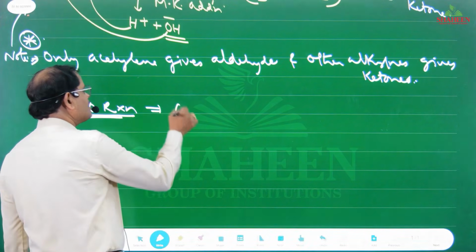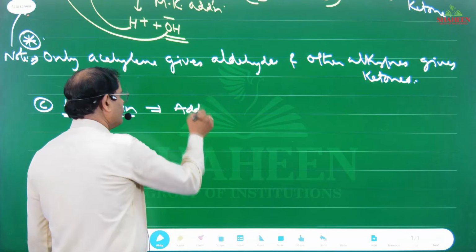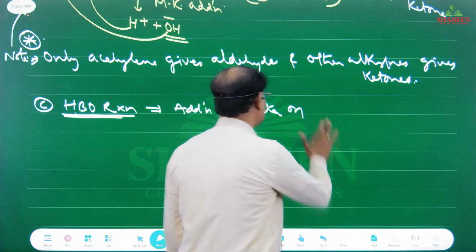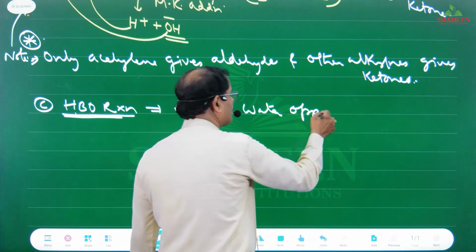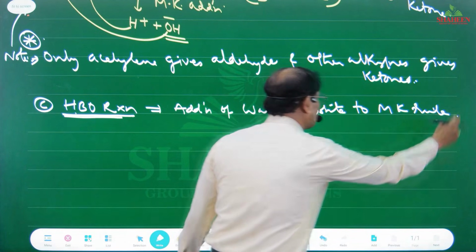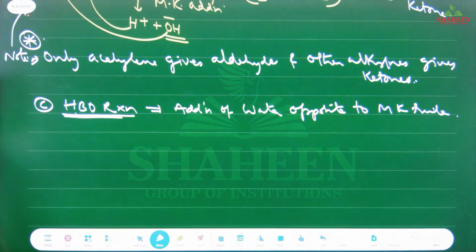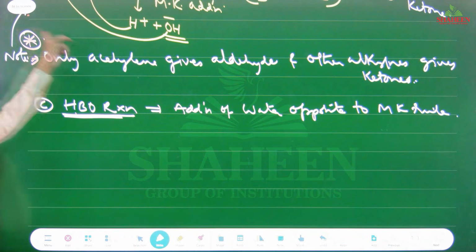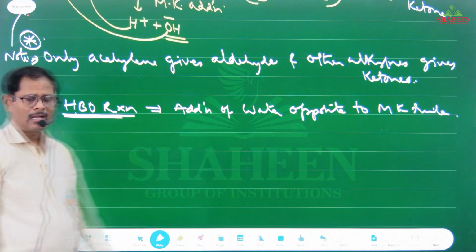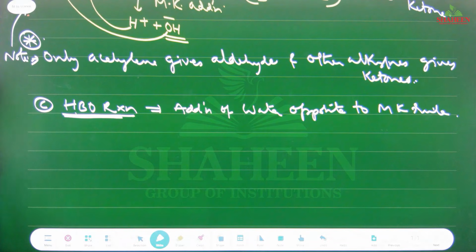Here addition of water takes place opposite to the Markovnikov rule. According to the Markovnikov rule, the hydroxy group is bonded with the carbon atom with fewer hydrogen atoms. But here, opposite to the Markovnikov rule, the hydroxy group, that is the negative part, is added with the carbon atom with more hydrogen atoms.